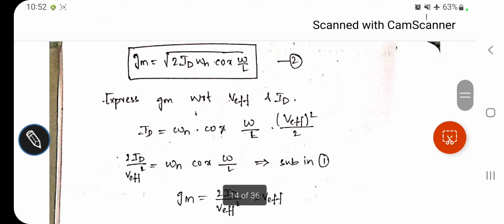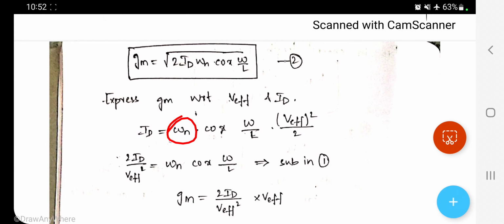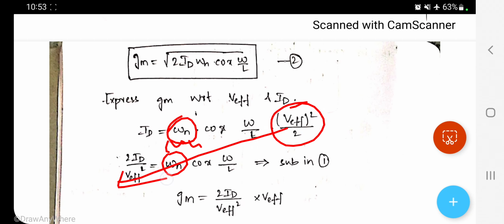Now express this GM in terms of effective voltage and ID. Again this is mu n only, the mobility of electrons. Cross multiplying and simplifying, with V effective being VGS minus VT, bringing it to the left-hand side, 2 goes into the numerator: 2ID by V effective square.